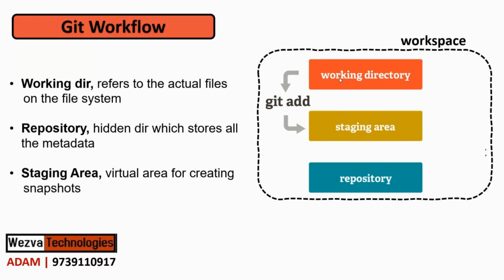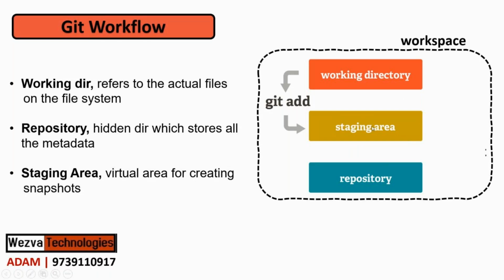Then again, you can go ahead and modify, use git add again and put the files into the staging area. So whatever goes into the repository is not directly from the working directory. It goes as a collection. So you choose which files you want to put first, and those need to be added to the staging area. So using git add, you can add one file at a time or multiple files at a time.